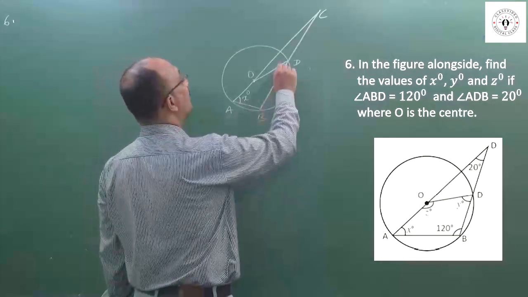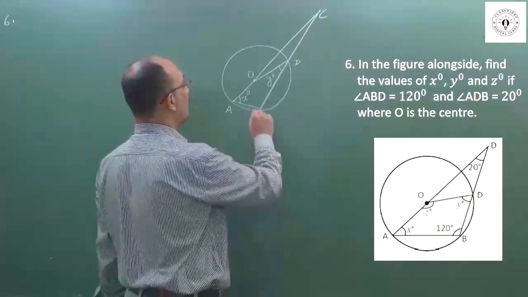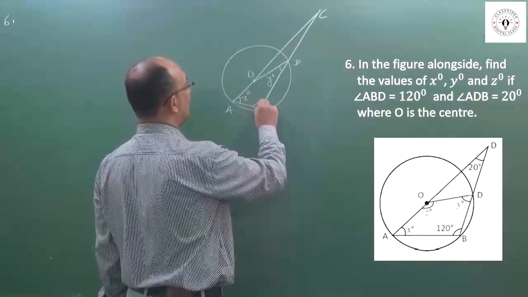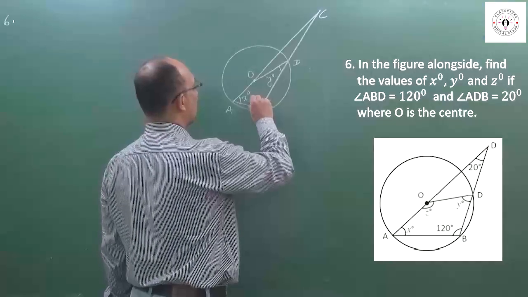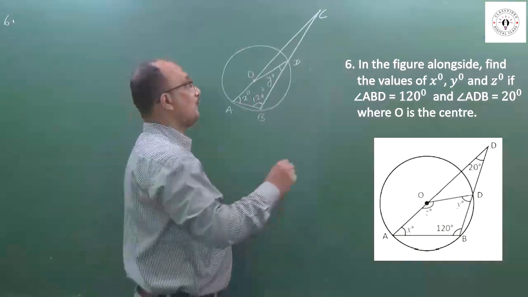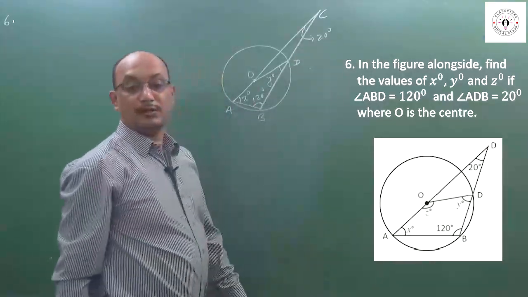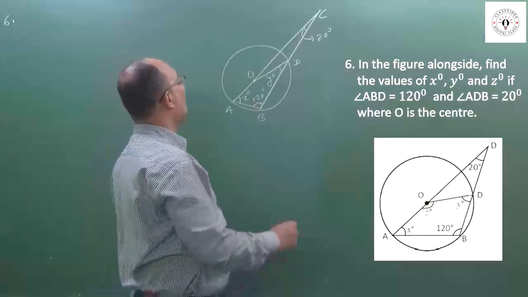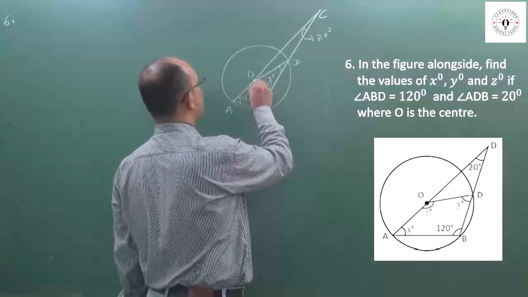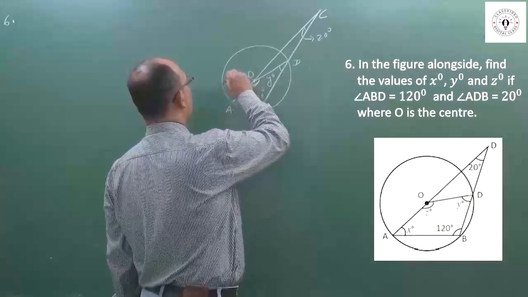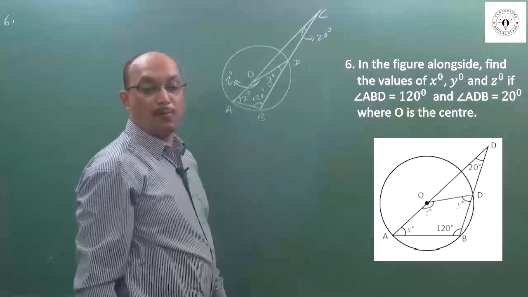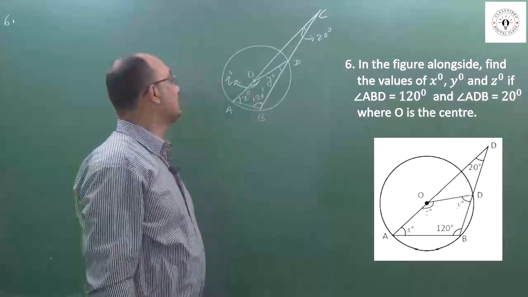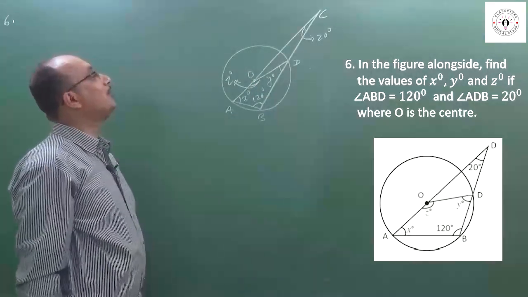This is Y degrees. Similarly, this is 120 degrees. And this is 20 degrees. And this angle is Z. I'm writing here, this angle is Z degrees. X, Z, Y, 120, 20.